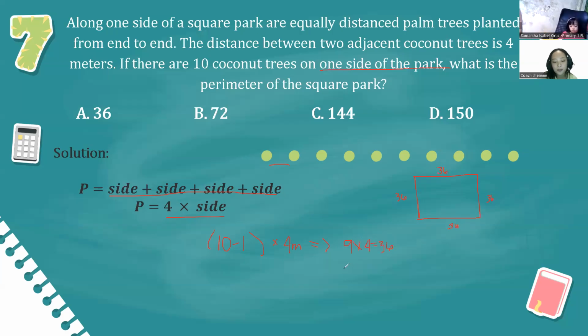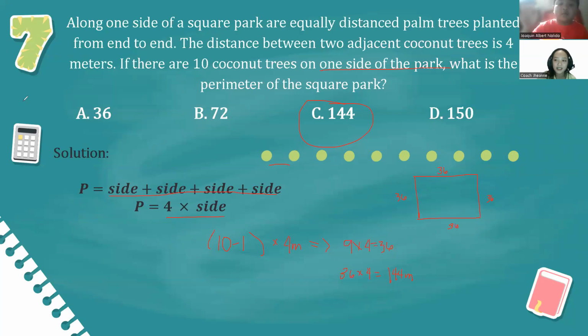Now, we multiply 36 by 4 or just add it 4 times. 36 times 4 is equal to 144 meters. So the answer is C. Is this understood already? Did you get it? Okay, very good.